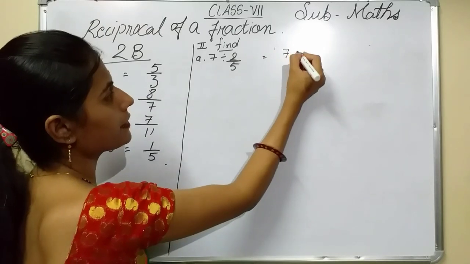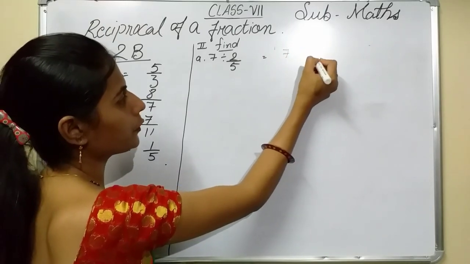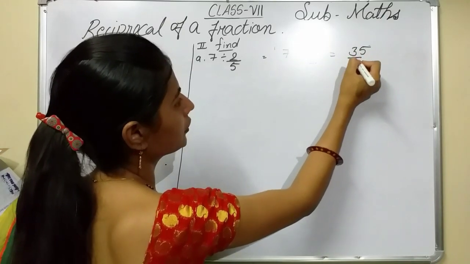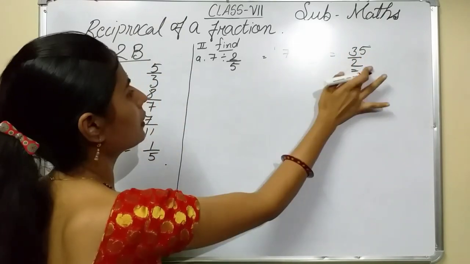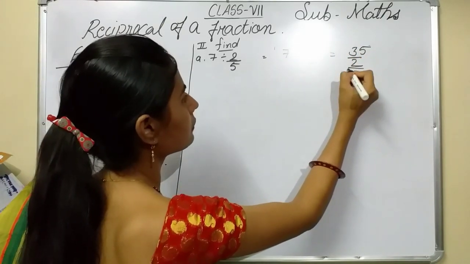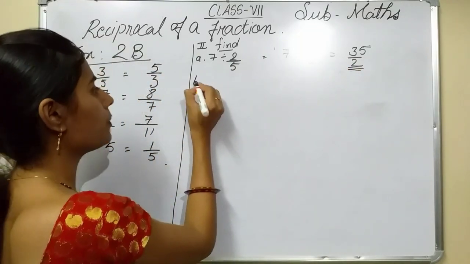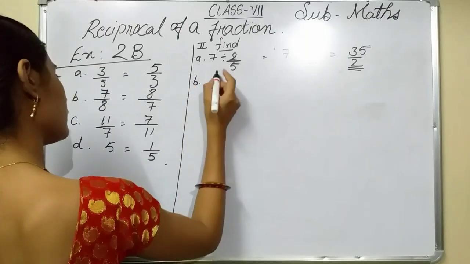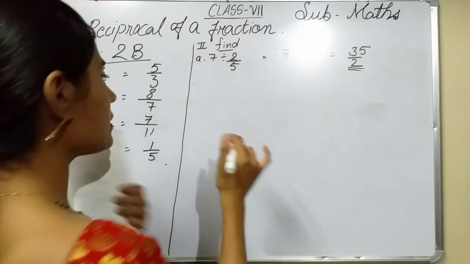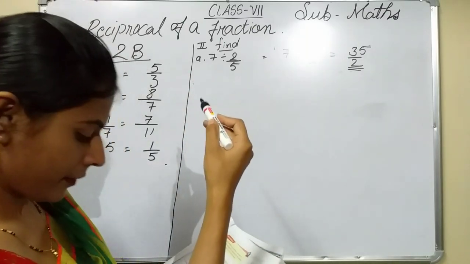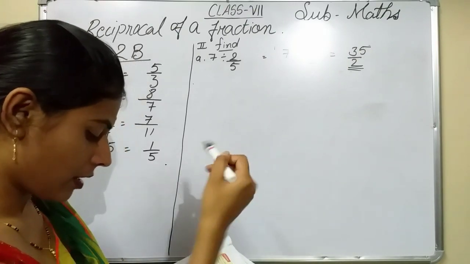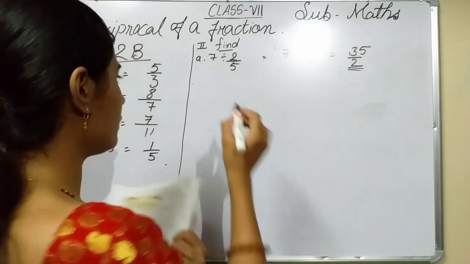So it will become 7 into 5 by 2, that is 35 by 2, your answer. See, B is the same as A, C is also the same as A, D is also the same as A. You can do it.